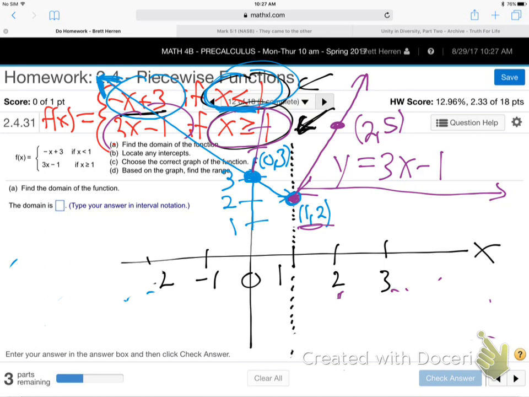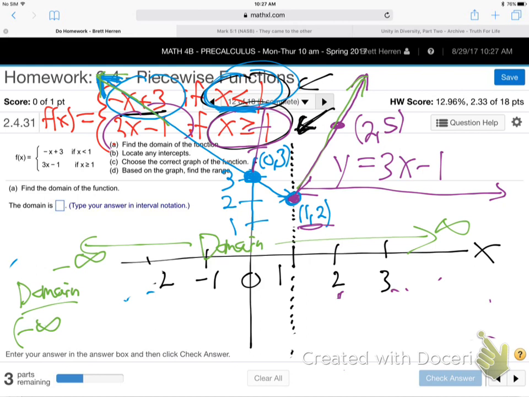You just look at the thing. You go left edge, right edge. Domain just means how far left does the graph go, how far right does the graph go. Well, this piece goes forever left, and this piece goes forever up and right. So negative infinity to positive infinity. So that's the domain.